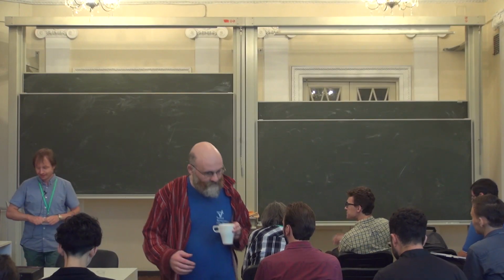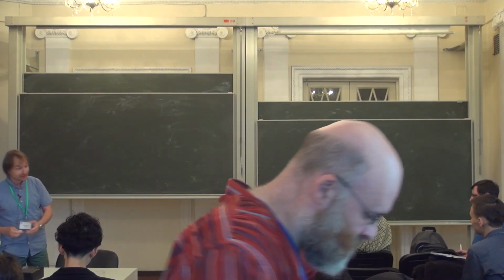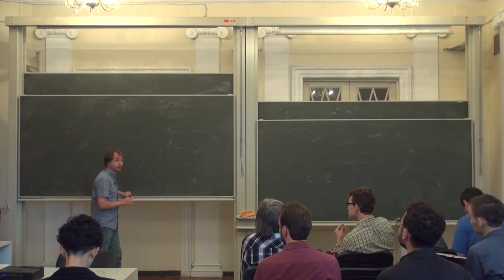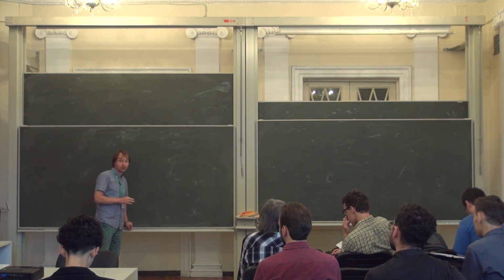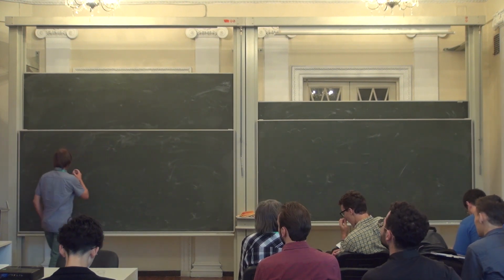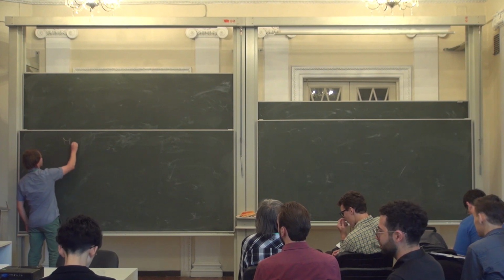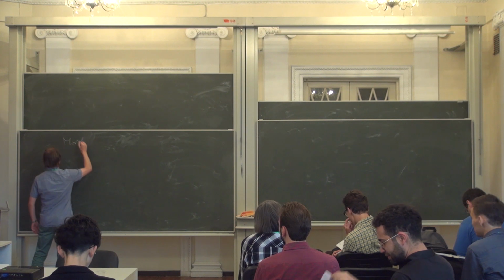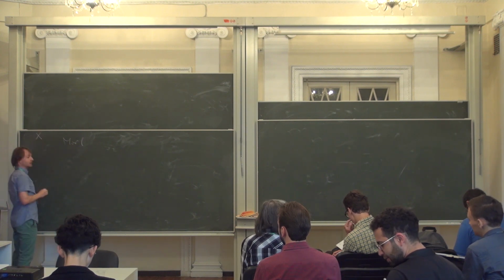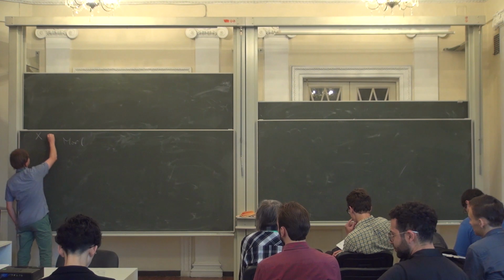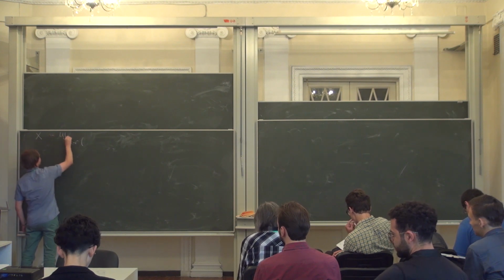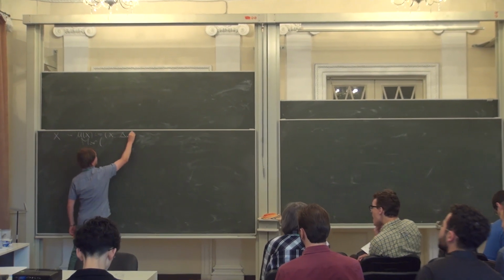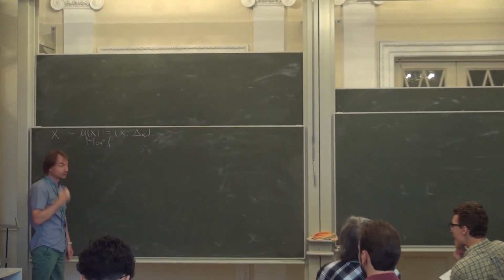So let me continue. Last time I gave a quite concrete definition of the category of Chow motifs. I wrote a formula for the morphisms between, say, if X is a smooth projective variety, then we have the motif of X, which is X, comma, the identity morphism in the category of correspondences.